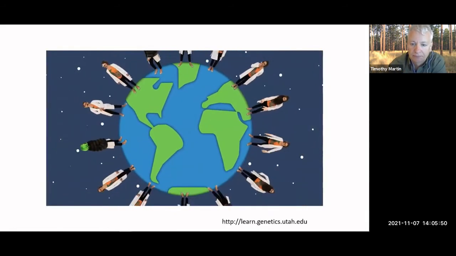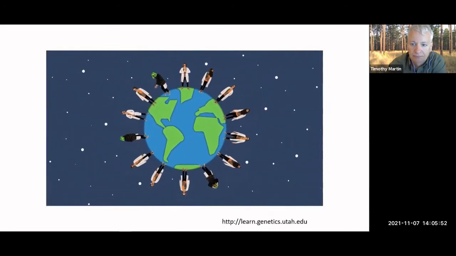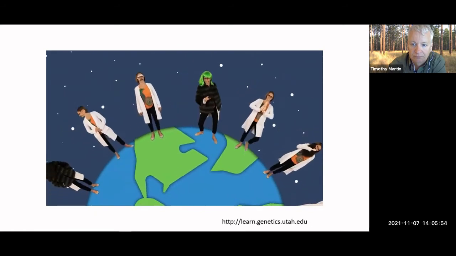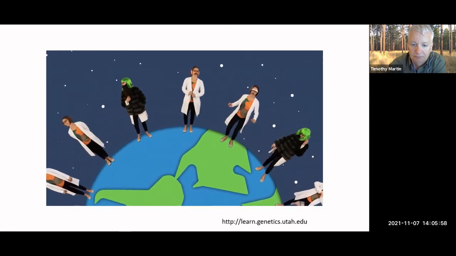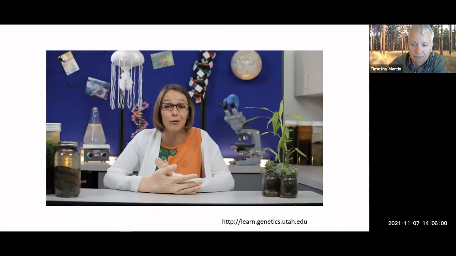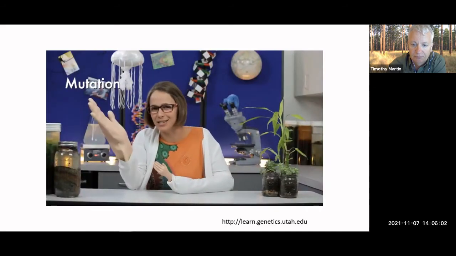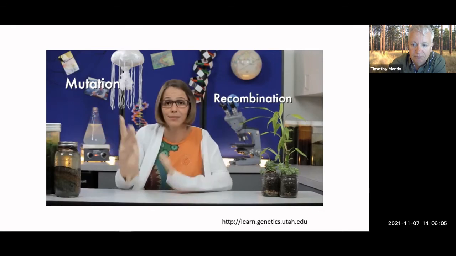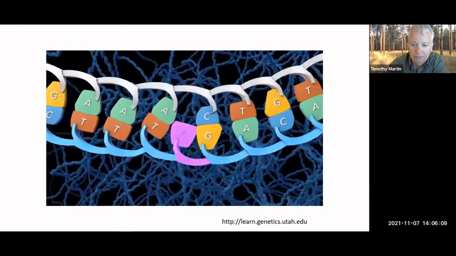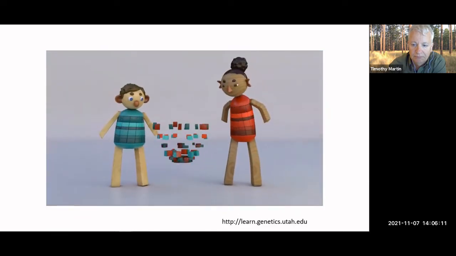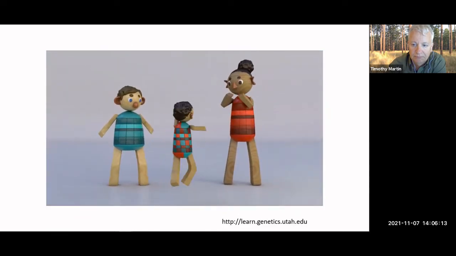Our world is filled with and shaped by genetic variation. Genetic variation comes about through two processes: mutation and recombination. Mutations are DNA misprints that occur during cell division. Recombination is when alleles get shuffled around during sexual reproduction.